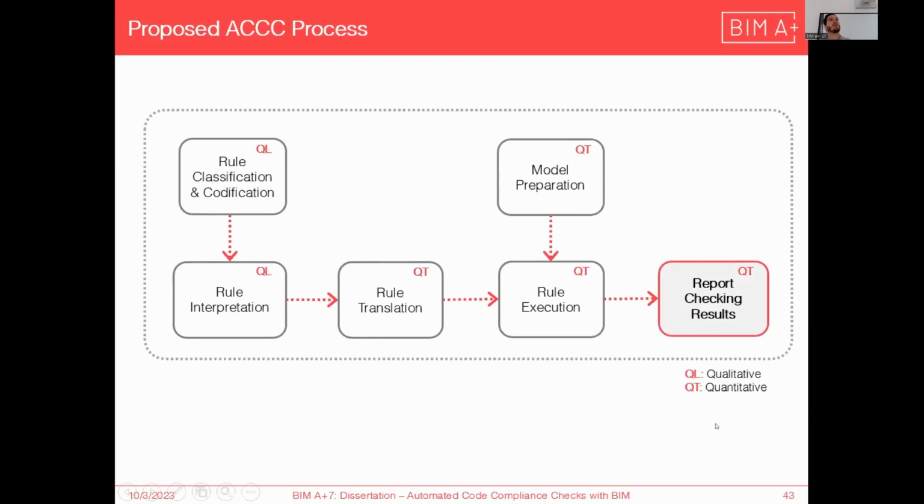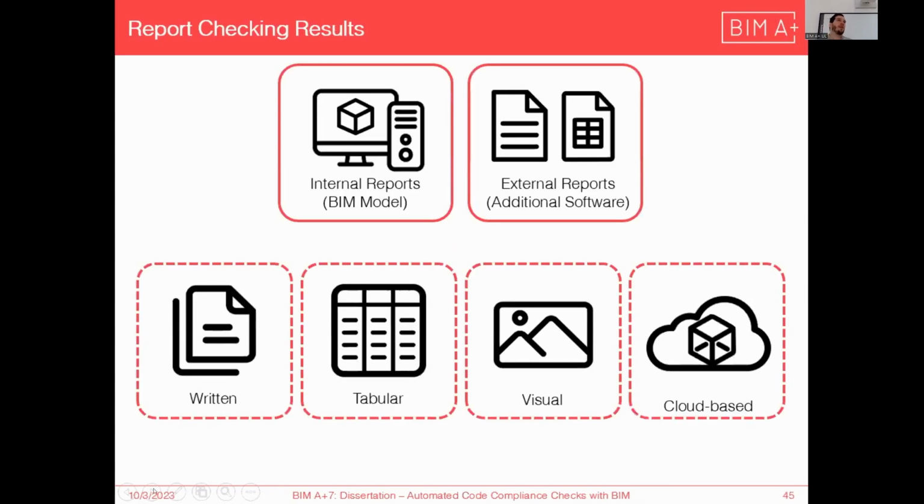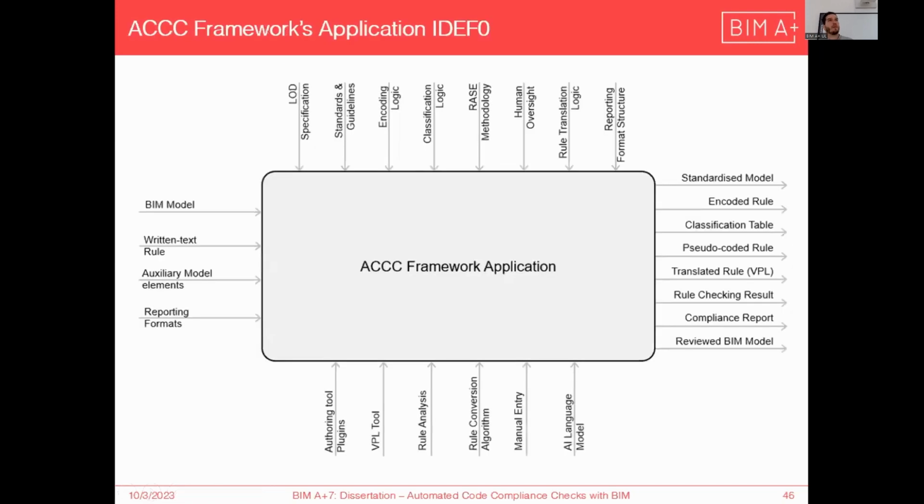And finally, the report checking results, that is taking the results within the reviewed model, and inside the same visual programming tool, generate a compliance report that may be internal or external according to the need, and within any of these four identified formats: written, tabular, visual or graphic, and cloud-based.